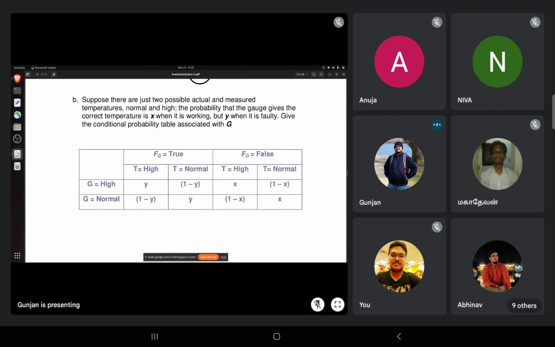Yes. And we know that it is not faulty. When temperature is high, the gauge reading is also high. That means it is working correctly and reporting the high temperature correctly. See, the 1 minus X will occur only when the reported value is different from the actual value.